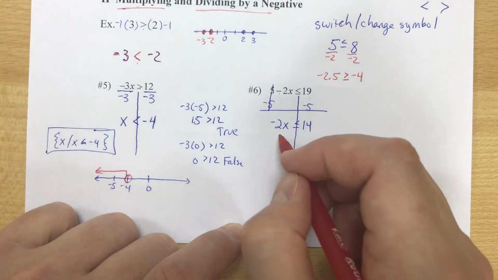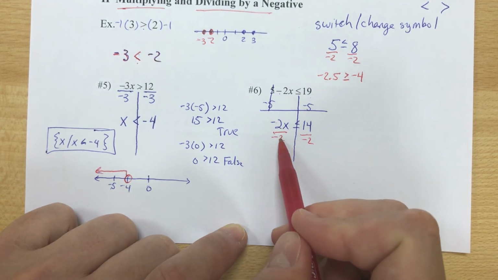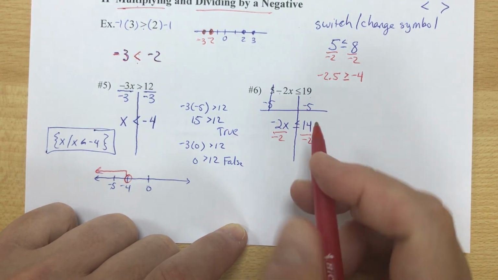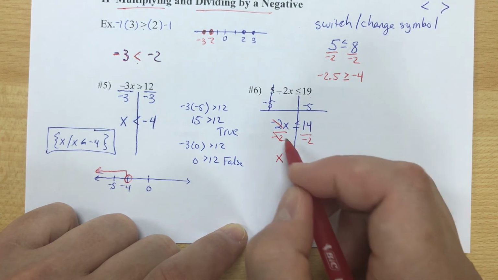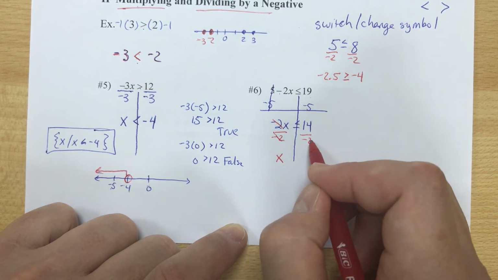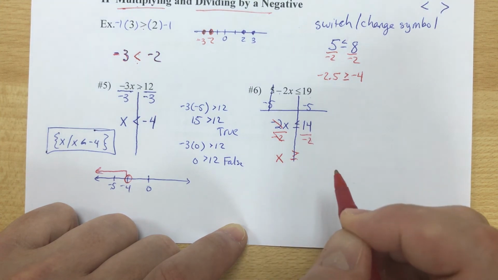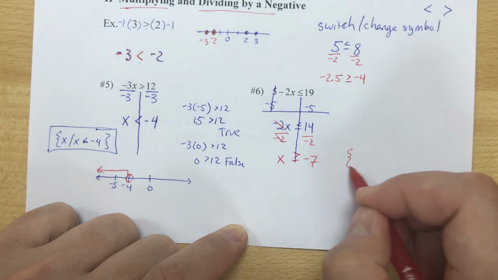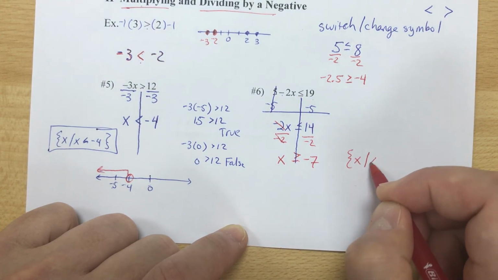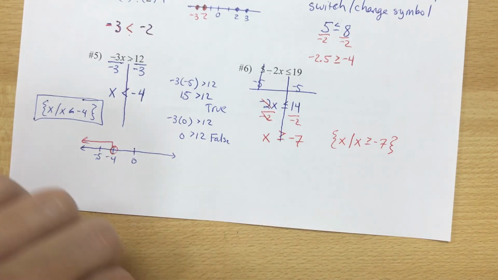To undo multiplication, we have to divide by negative 2. The reason we divide by the negative is to make this a positive 1x. But we divided by a negative, so we have to switch the symbol: greater than or equal to negative 7. So the set of x is such that x is greater than or equal to negative 7.